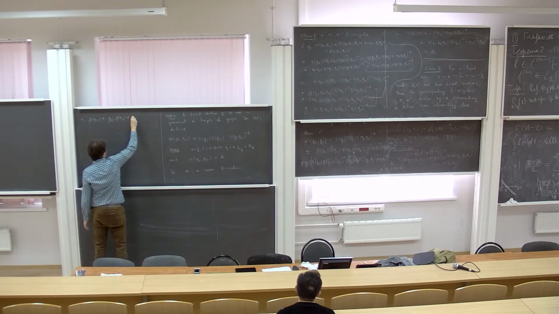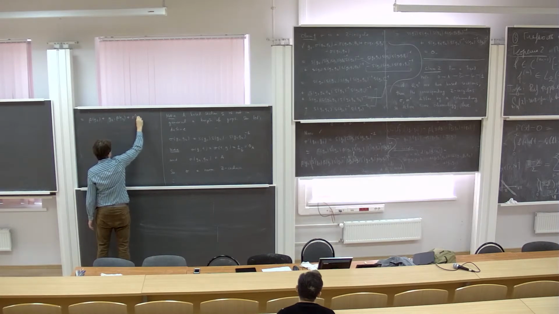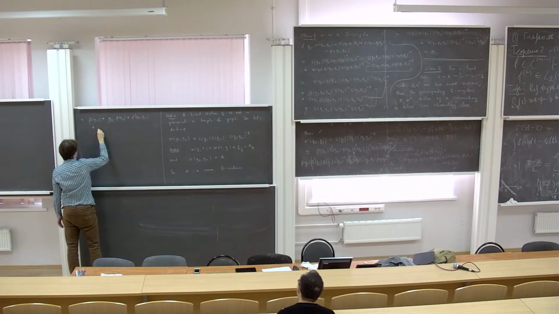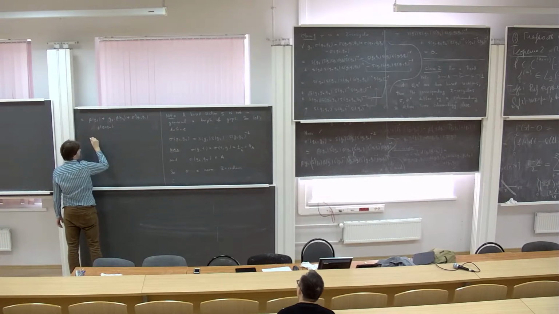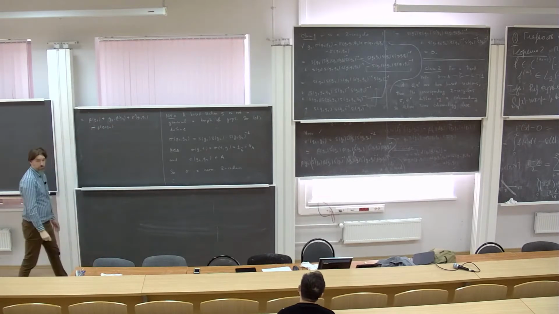The next term is sigma prime of G1, G2. And then this extra term, beta of G1, G2 inverse, which in the group A is a minus. Right?